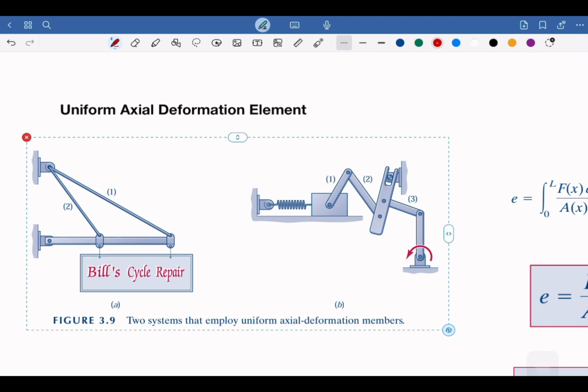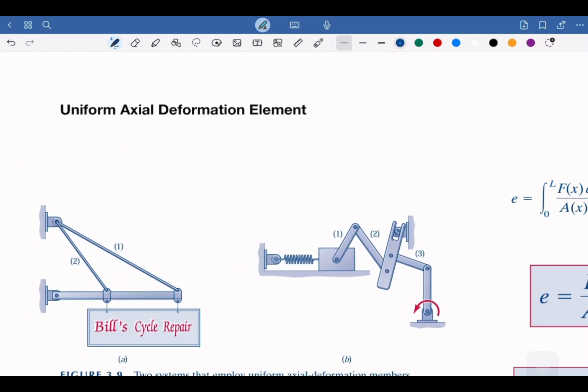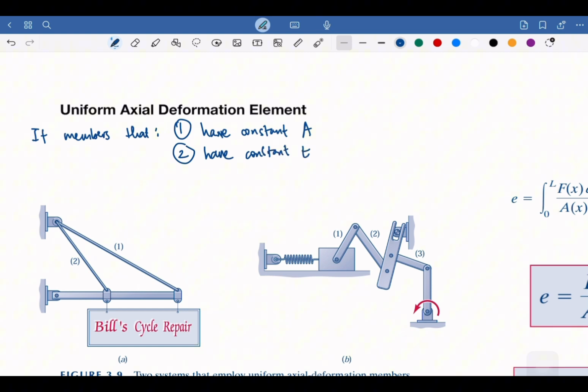So if a member, let me write here, if members first have constant cross section A, and second have constant E, which means it's linearly elastic, and third have axial force applied only at ends, we say that if we have this, then we call this the uniform axial deformation element.